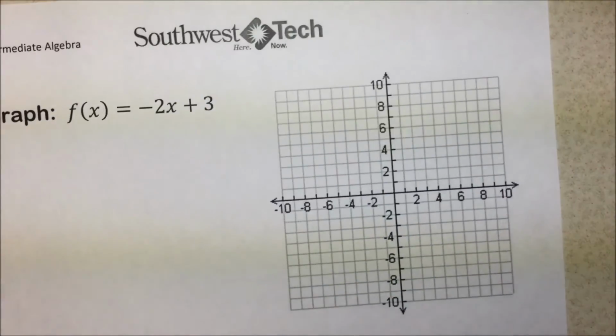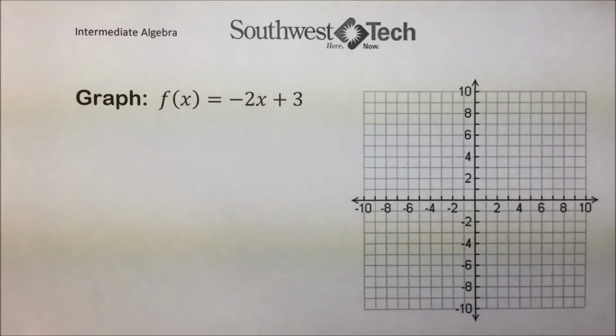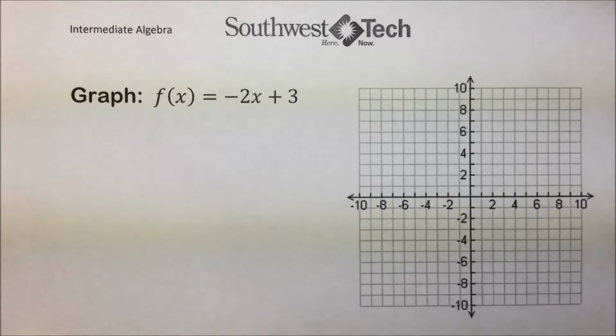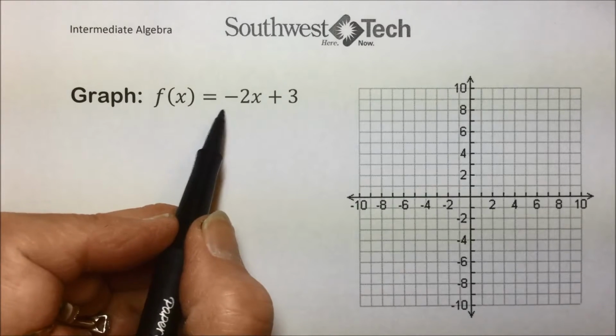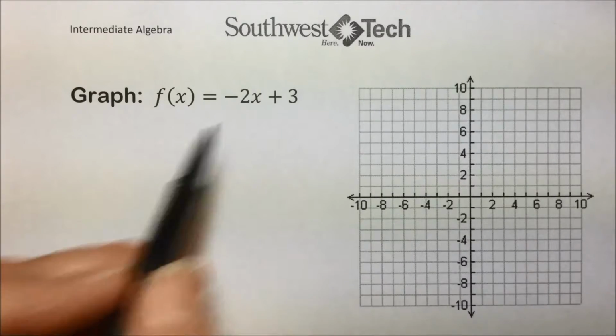Let's take a look at another example using the slope-intercept form to graph it. And here we're given a linear function. f of x is equal to negative 2x plus 3.